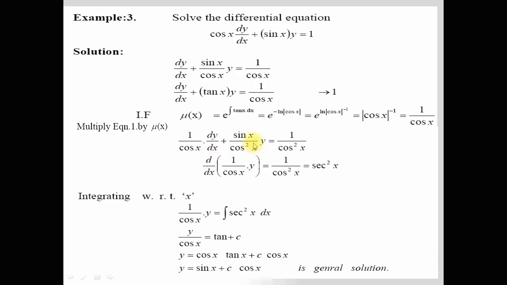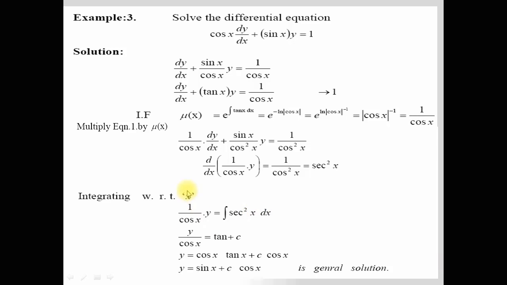So when we find the integral factor, then we can find the solution of the linear differential equation easily by using this formula, that integral factor multiplied by the dependent variable is equal to integration of integral factor multiplied by the q function with respect to x.